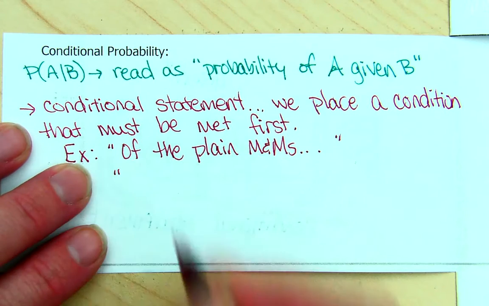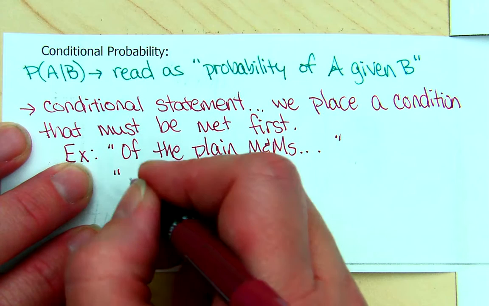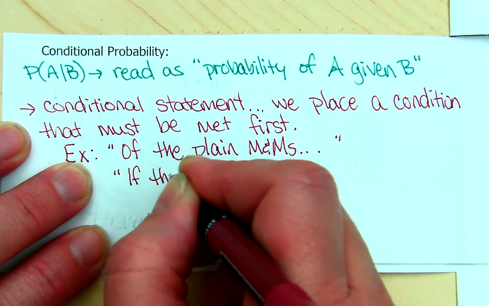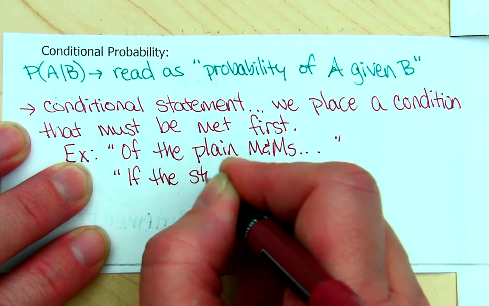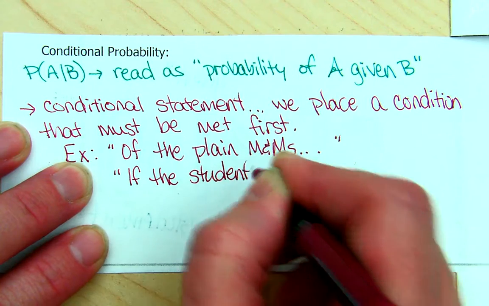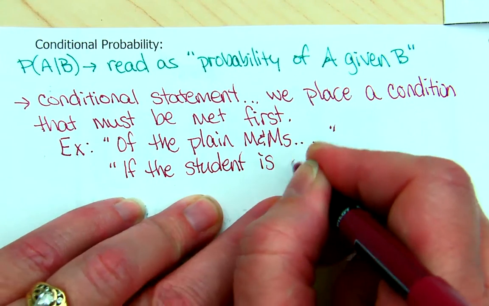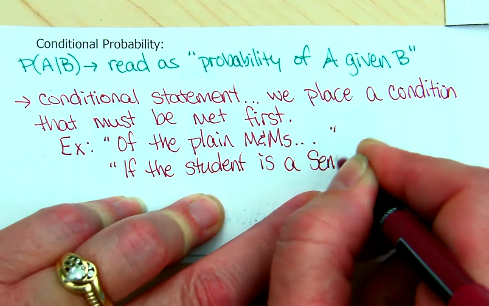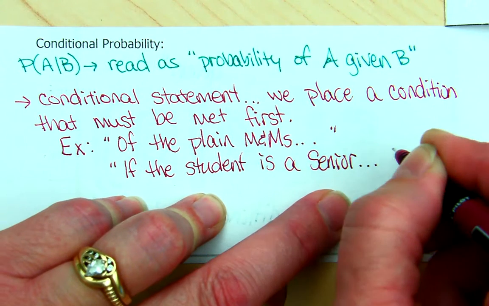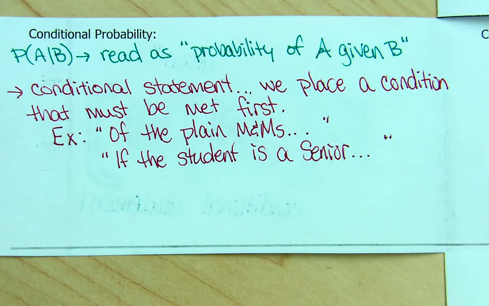Another example, we may say, if the student is a senior, and then find some probability. So if the student is a senior, what is the probability they park on campus? If the student is a senior, what is the probability that the student is female?